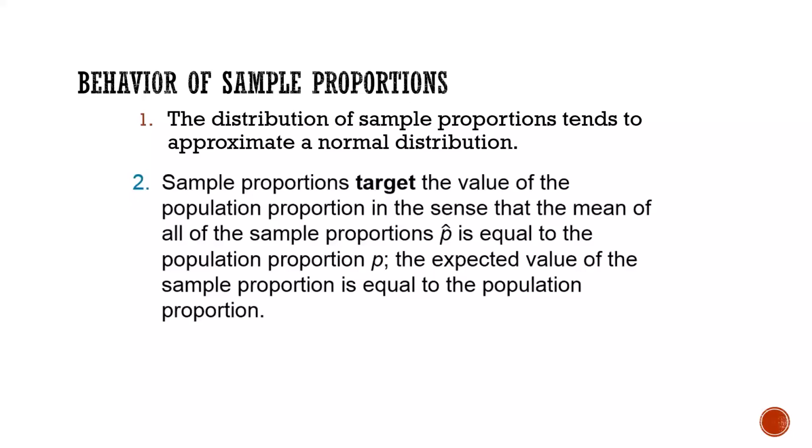So if I have 5 people in the group, it can't be that normal anyways, because there's only a certain number of proportions that you could get with 5 people. For example, with 5 people, you could not have 45% of them be anything. And they will target the population proportion in the sense that the mean of all the sample proportions is equal to the population proportion, aka the expected value.